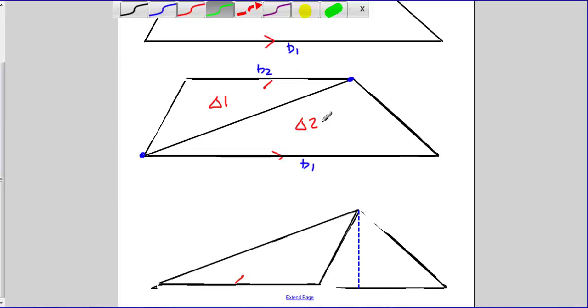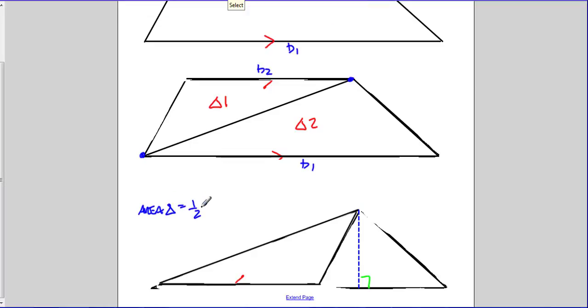Remember, the area of a triangle is 1/2 times base times height. So in the case of these triangles, they both have the same height. This triangle had a base of b sub 2, and the other triangle had a base of b sub 1.